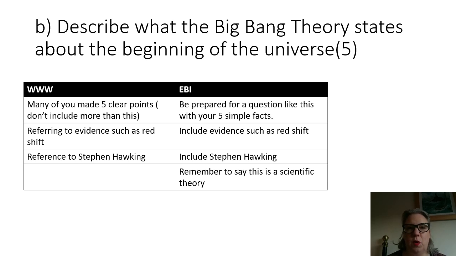Now that we've done the what went wells, we can move to even better ifs. So first of all, you need to be prepared for these Part A's. You need to have your 5 bits of info for everything on the spec. And that includes these smaller things like Big Bang, like evolution.